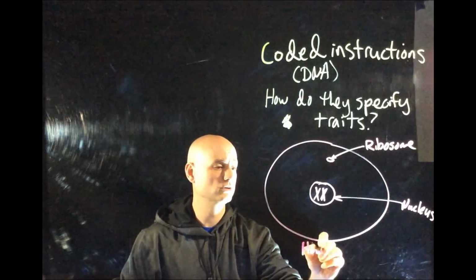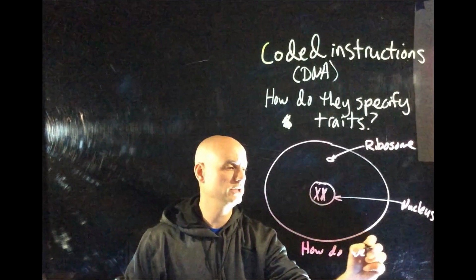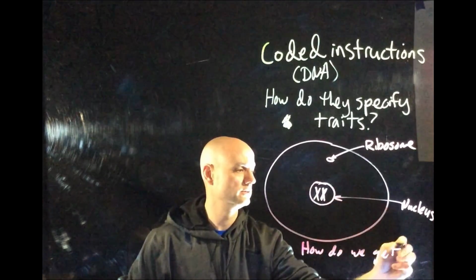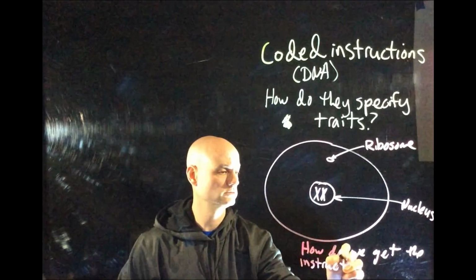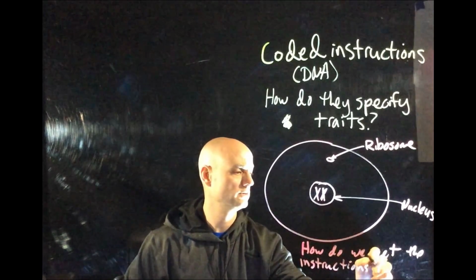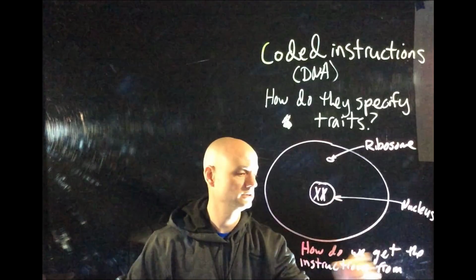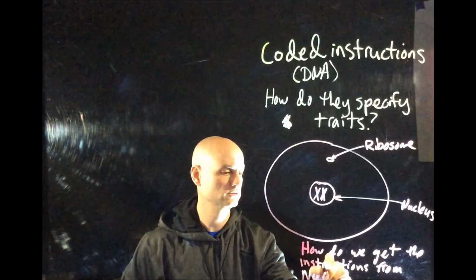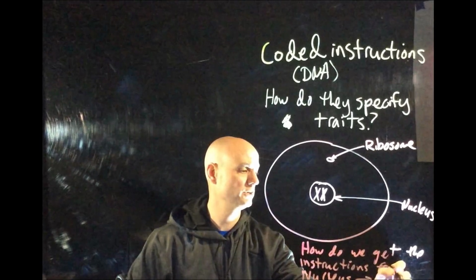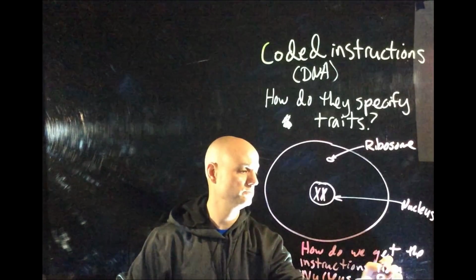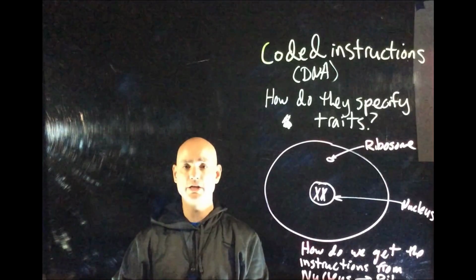How do we get the instructions from the nucleus to the ribosome? Because the ribosome is where the action is happening.